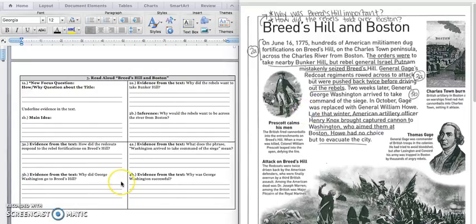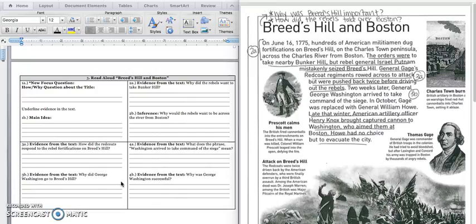So in 3B, we would say the redcoats had succeeded at pushing back the rebels, which means that the rebels were losing. George Washington probably came because he was known as a great commander and the rebels needed support. Press pause to write down your answer and play when you're ready for box 4.